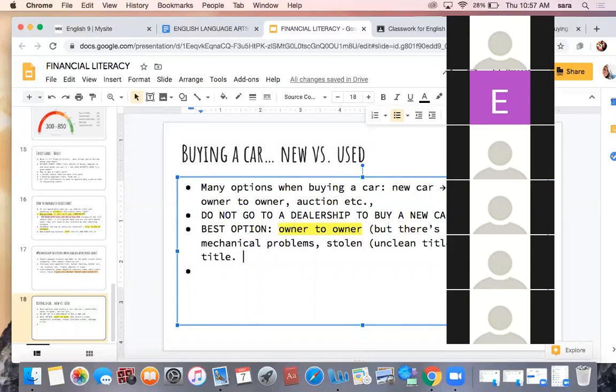And nowadays, there are few people who can actually sell a car that can't pass the smog, because without the smog, you can't even renew the license plates on it. Unless it's passed, the DMV won't issue them to you. So you need to make sure that you check.